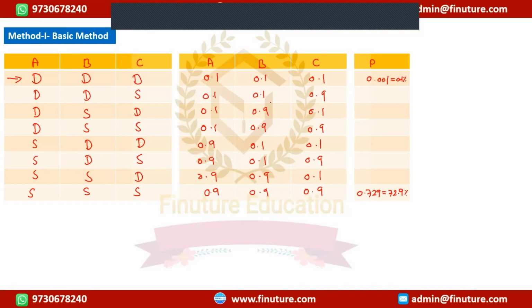Likewise, if we calculate 0.1 into 0.1 into 0.9, that would give you 0.009, or you can just write it as 0.9%. Over here also it's 10%, twice, and 90% once, so it would be the same thing.